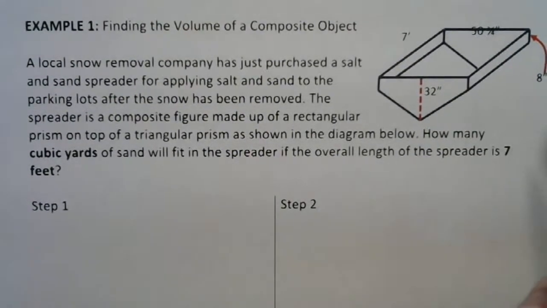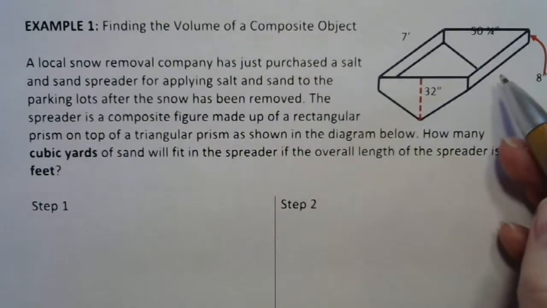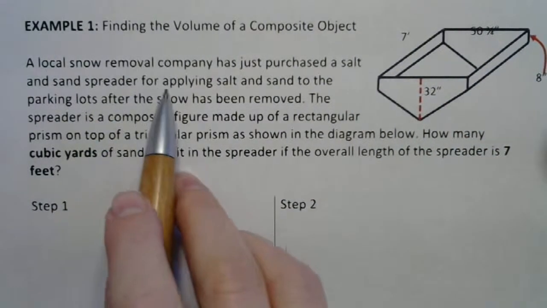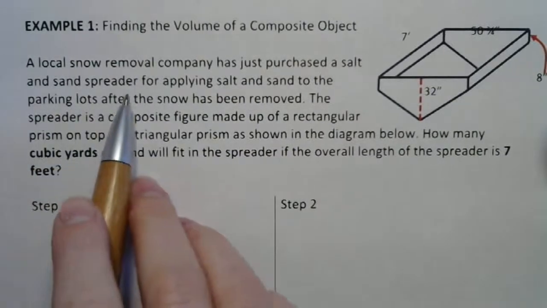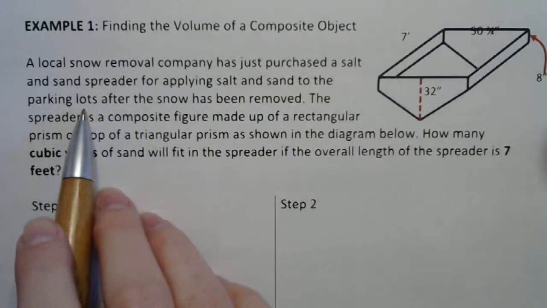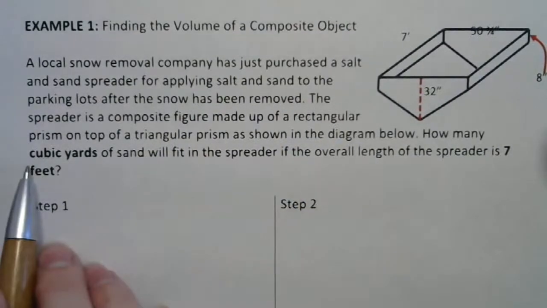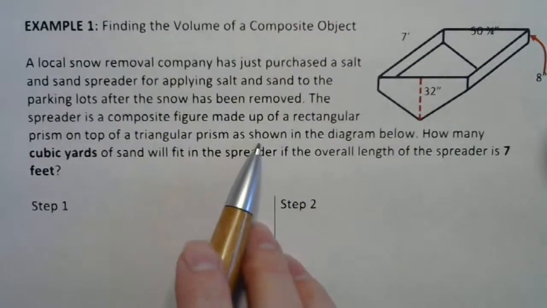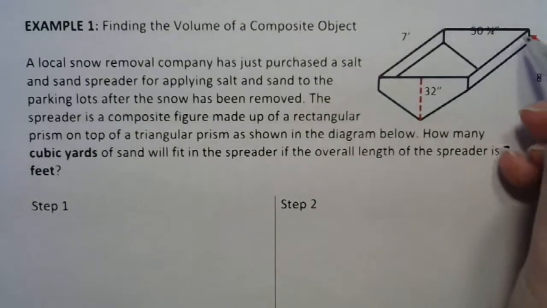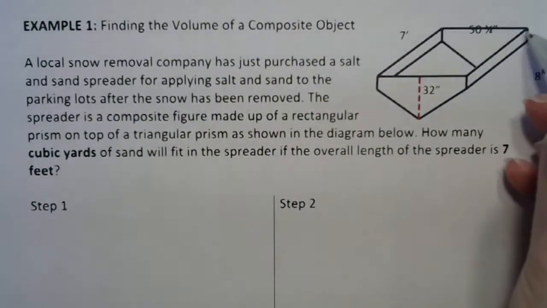So we need to find the volume of this shape here. It says a local snow removal company has just purchased a salt and sand spreader for applying salt and sand to parking lots after the snow has been removed. The spreader is a composite figure made up of a rectangular prism on top of a triangular prism. You can see that's 8 inches there.